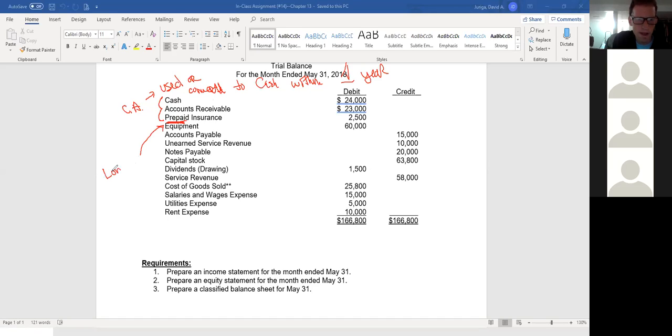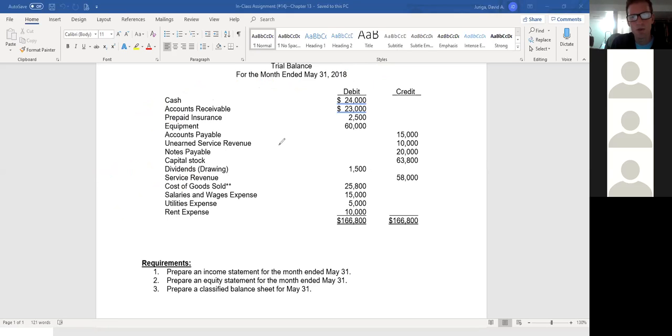That of course would be a long-term asset, or sometimes it's referred to as a fixed asset, or sometimes just property, plant, and equipment. I know I'm writing over this, but you can go back and play this again. But at that point, that's basically it.